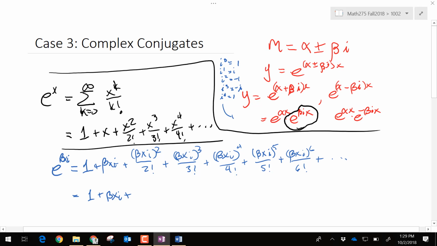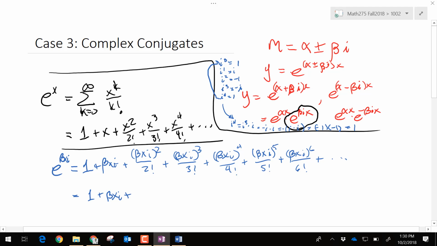So if you want to think about it, i to the 4th is i cubed times i, which is minus i times i, which is -1 times -1, which is +1. i to the 4th is 1, is basically what I'm trying to get at. Then i to the 5th is just i.